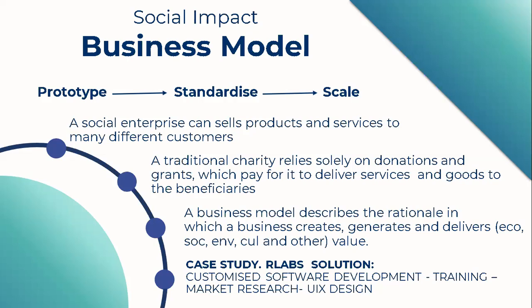A social enterprise, which most of you are, sells products or services to very many different customers. A traditional charity relies on donations. So they rely on funders to pay for them to be able to offer a delivery or to be able to manufacture their goods.